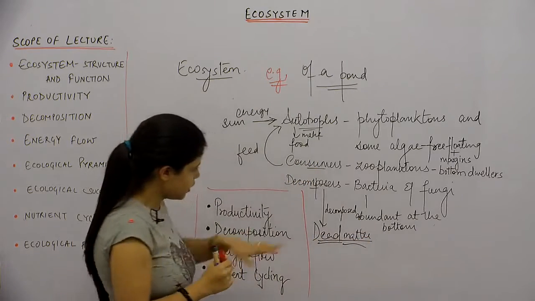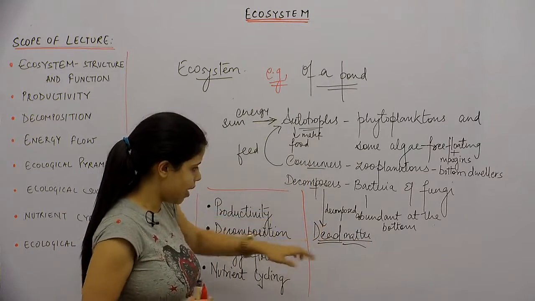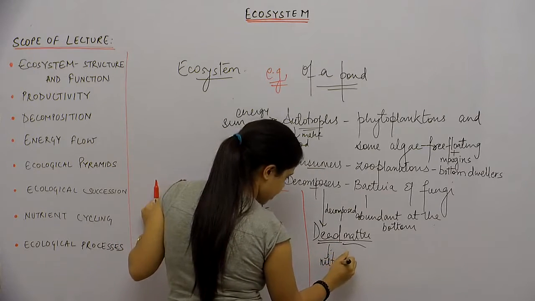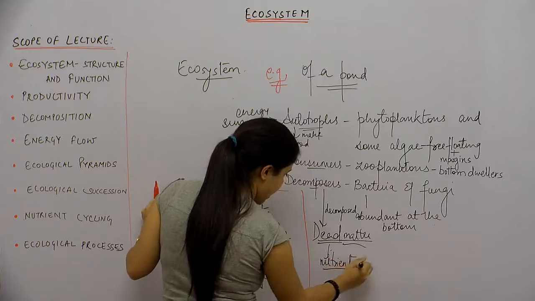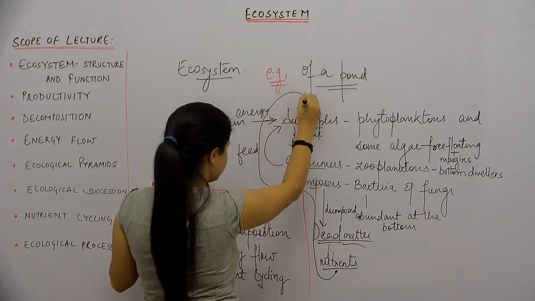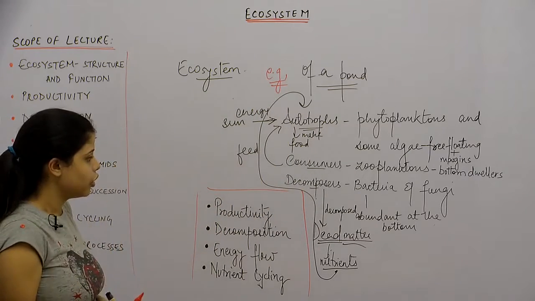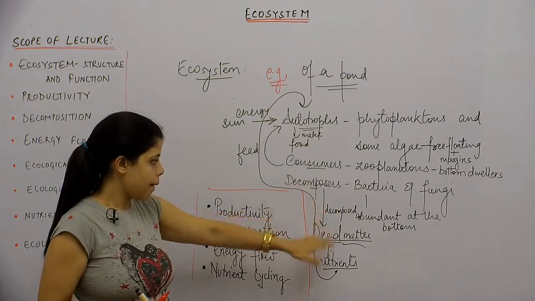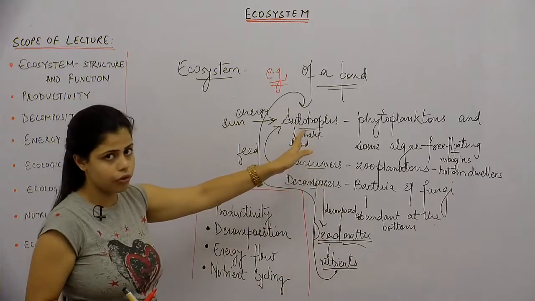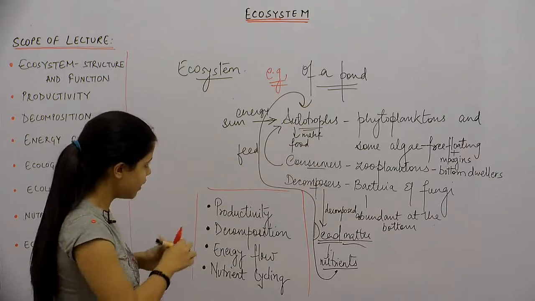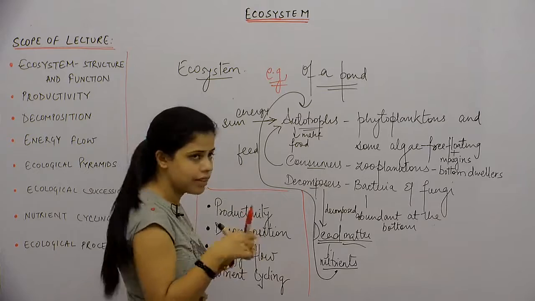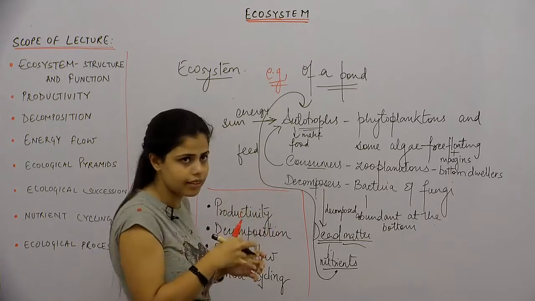So after the decomposers decompose this dead matter, nutrients come out, and these are again absorbed by the autotrophs. So nutrients that come out after decomposition are actually absorbed by the autotrophs. And this process goes on again and again. So it's basically a cycle itself.